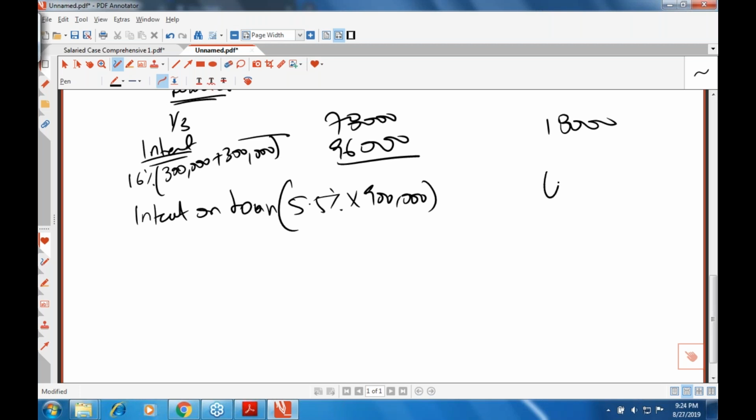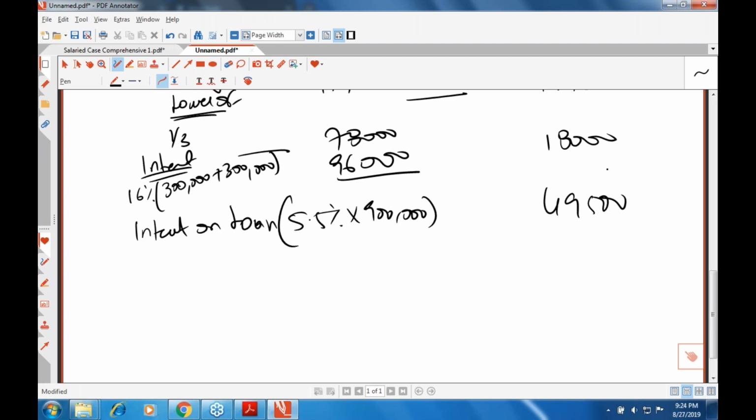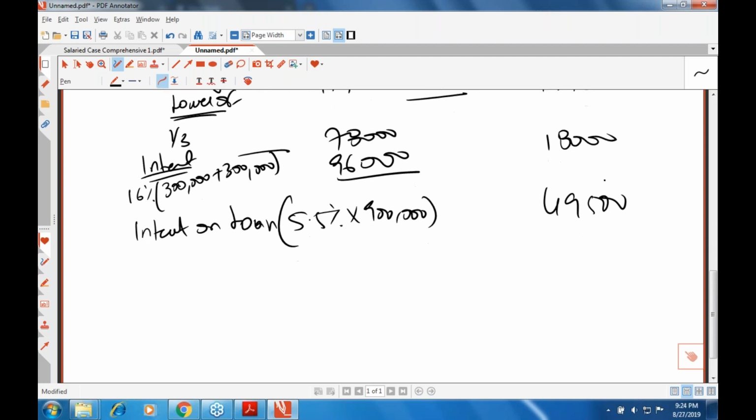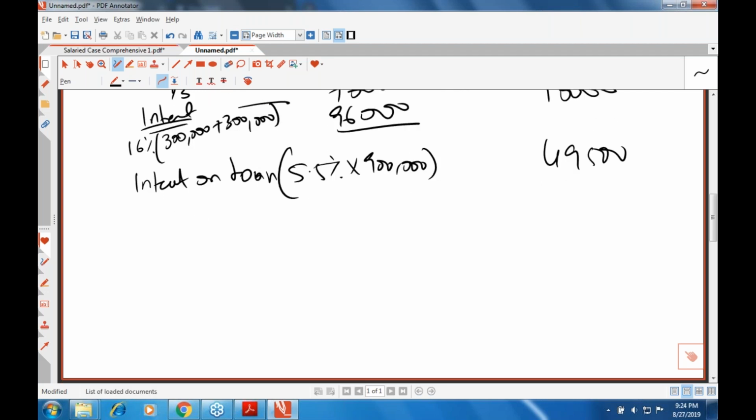Because you know the benchmark rate is 10%, and you've got the loan at 4.5%. Okay, there is a student asking that you did not compare one third. I did not compare one third because I already knew that it's going to be quite high, so I did not compare it.